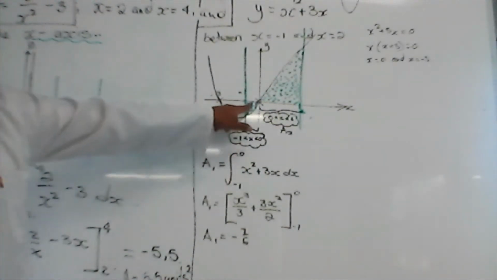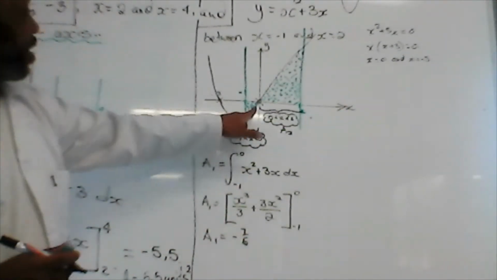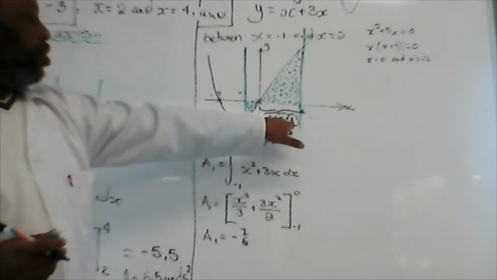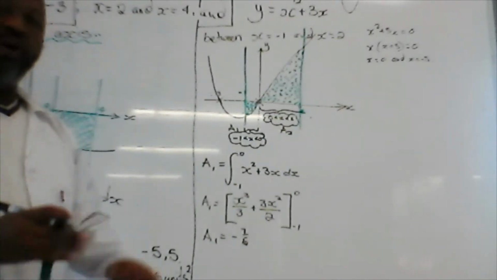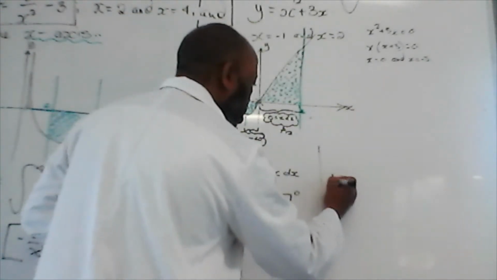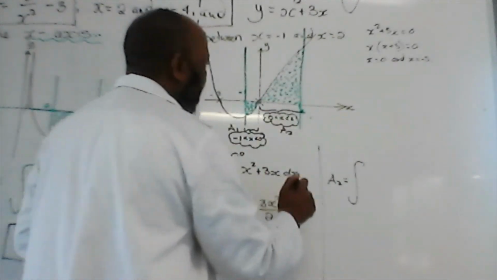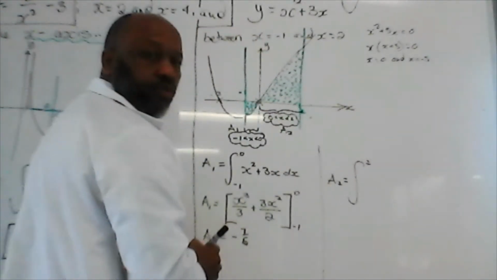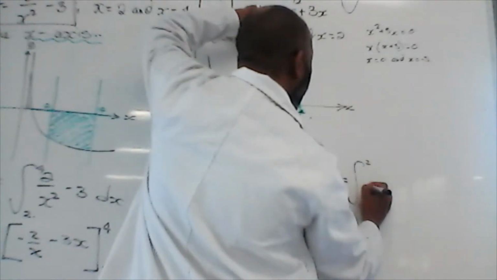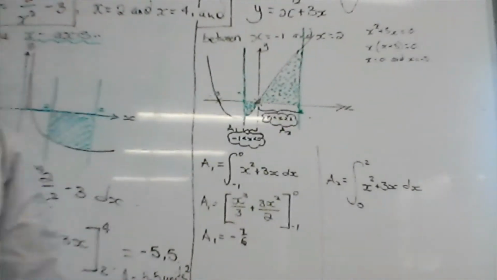Okay, so we found area 1, it's 7/6 square units, but we want to find the total area. We want to find area 1, and we want to find that area as well, bounded between 0 and 2. We repeat the process. So area 2 is equal to the integral, our upper limit is 2, our lower limit is 0, of the function x squared plus 3x, and we are integrating it dx.